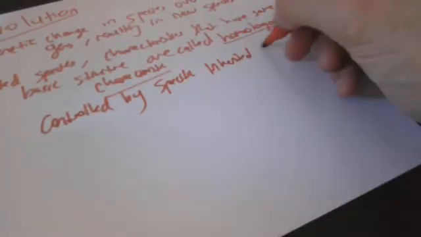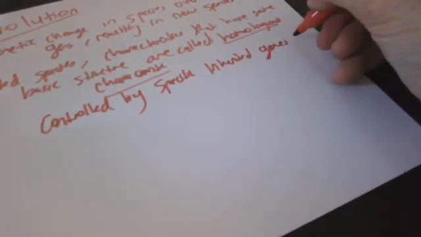As I was talking about homologous chromosomes before, homologous means the two chromosomes are the same. These characteristics are controlled by specific inherited genes. So traits are controlled by genes, as I mentioned before.